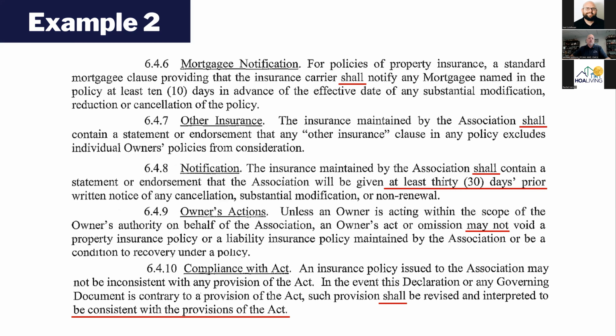So look at those wordings. 6.4.8 says shall give notice to the owners at least 30 days prior to a change. Owners may not, there's a "may not," and your insurance, 6.4.10 at the bottom, shall be consistent with the provisions of the act or the laws where you're located.